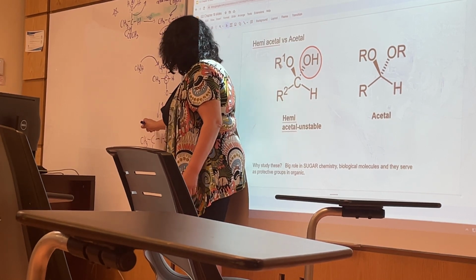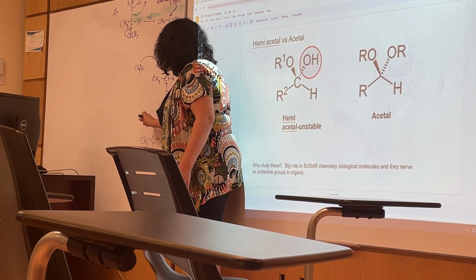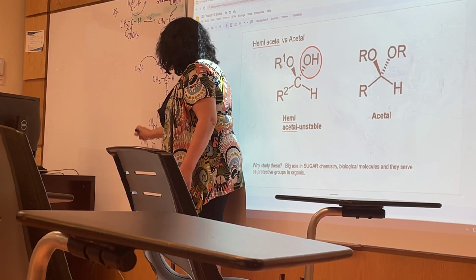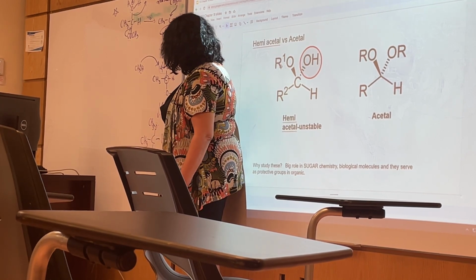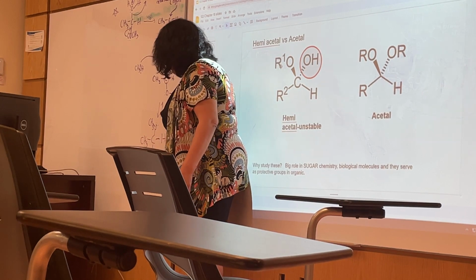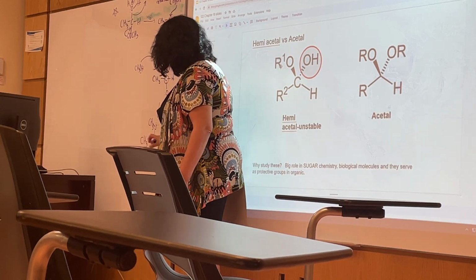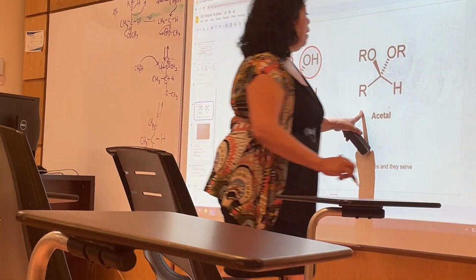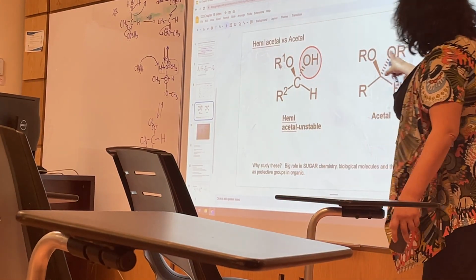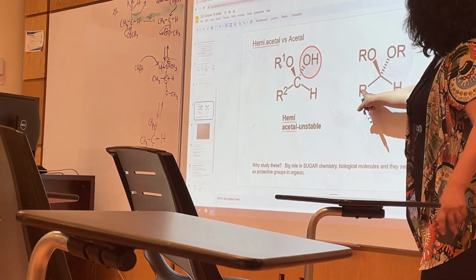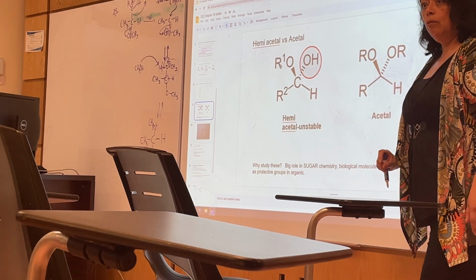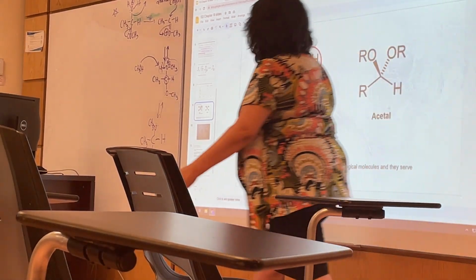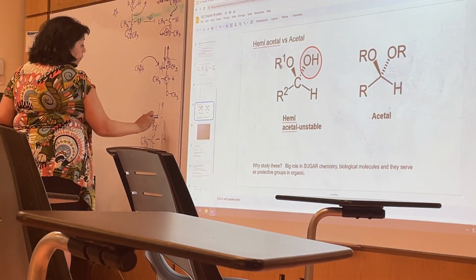And the methyl group. Okay, so OCH3, OCH3, methyl H. We'll come back to this thing, all right? OCH3, OCH3, methyl H. We're done. Okay, so this thing is the acetal.